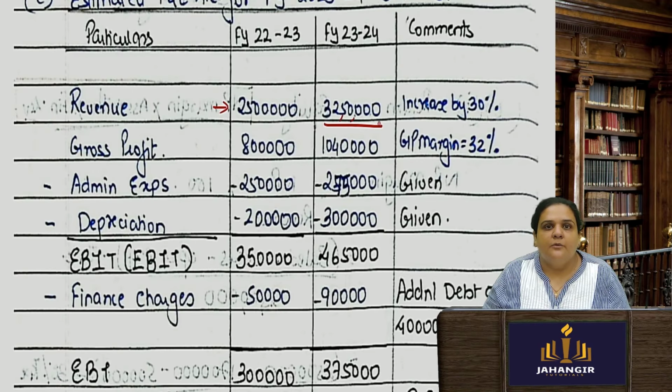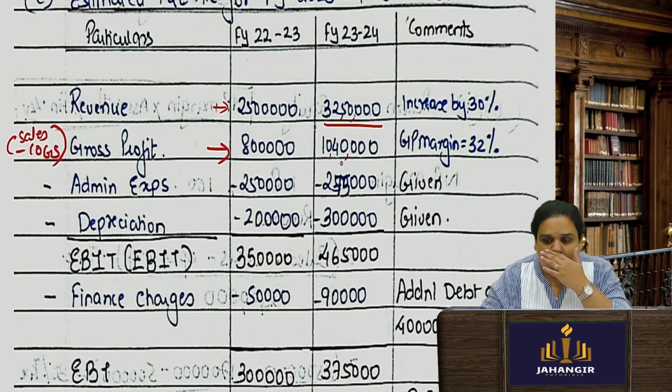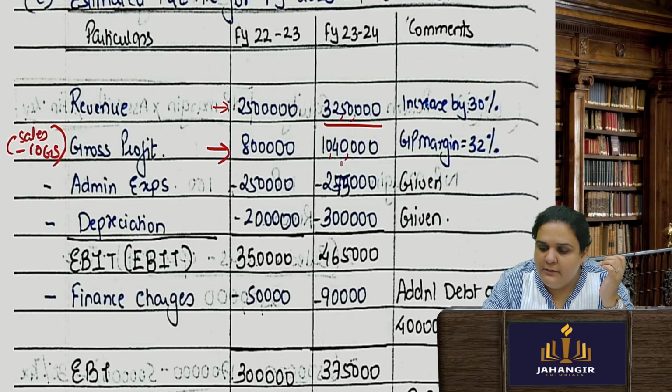32% of 32,50,000. See, my gross profit was 8 lakhs, no? Sales minus COGS, I have done it here for you. So it will be 10,40,000: 32,50,000 into 32% is 10,40,000.